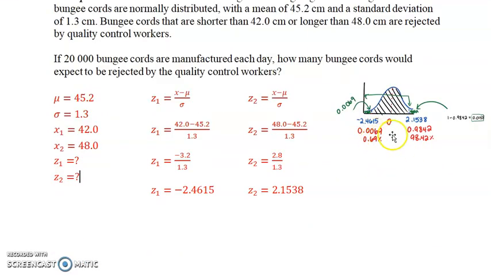And then the next one, we want to go to the right of it. So we need to take 1 minus that, right? Because remember, the Z table gives you everything to the left. We don't want the 98%, we just want the amount that's left over. So we look at 2.15 in the Z table.